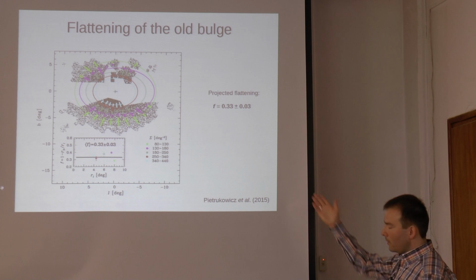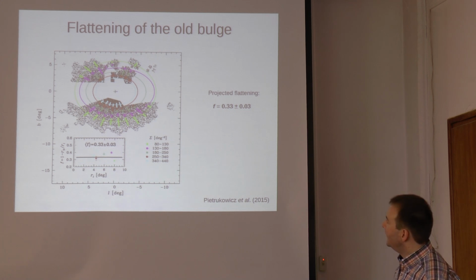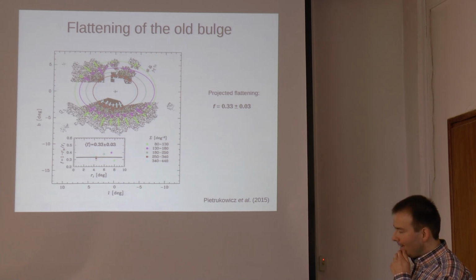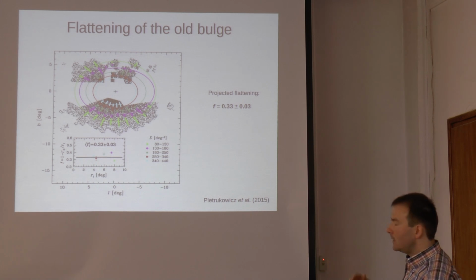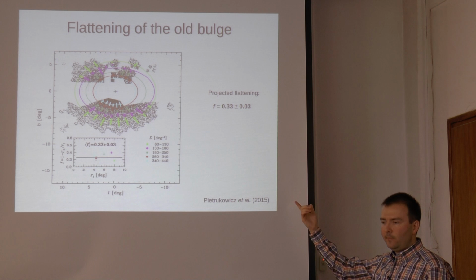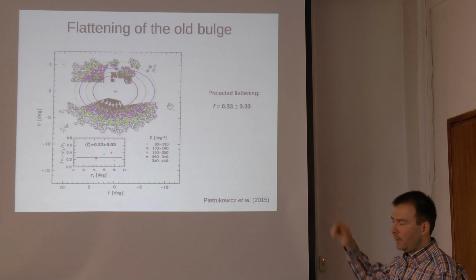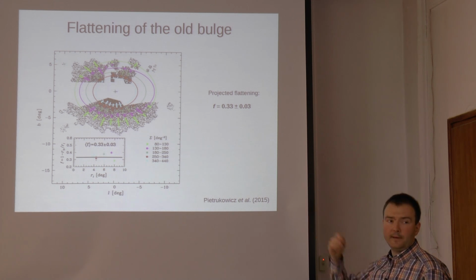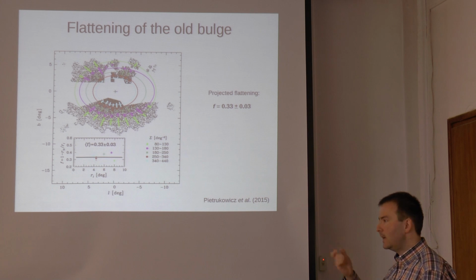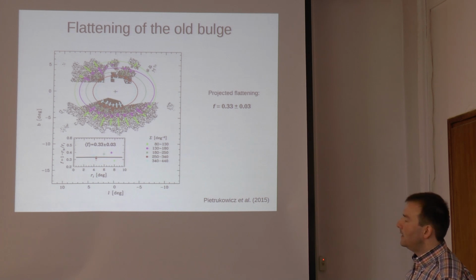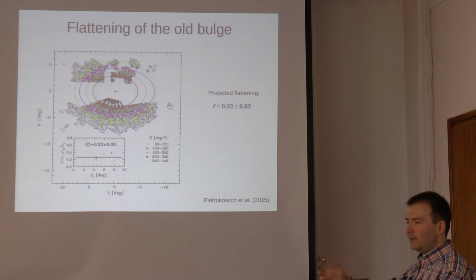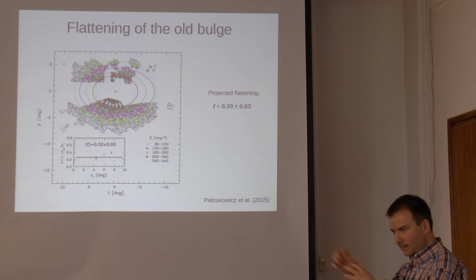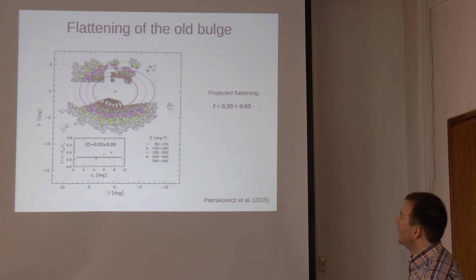And I was working on this sample and trying to find the distribution of these old stars. These stars are older than the bar. They are something like 12 or 13 giga-years old. So these are first stars, probably stars that arrived from other accreted dwarf galaxies that later formed our Milky Way.